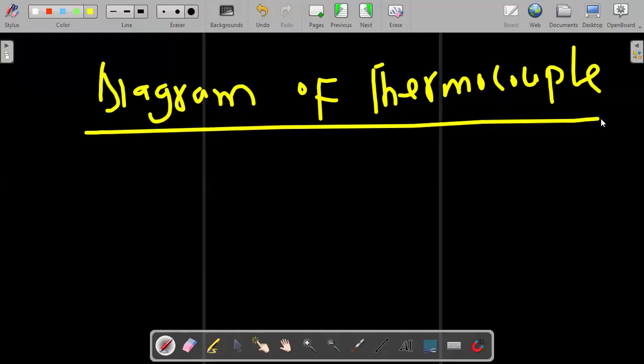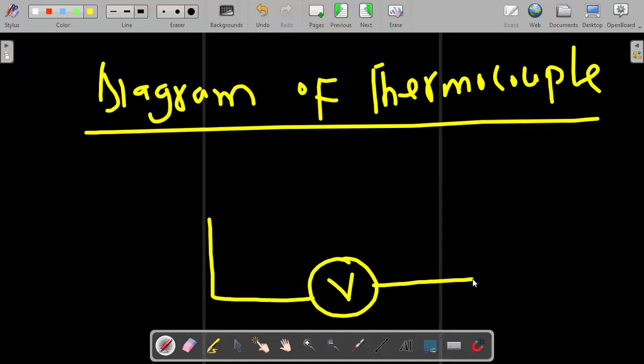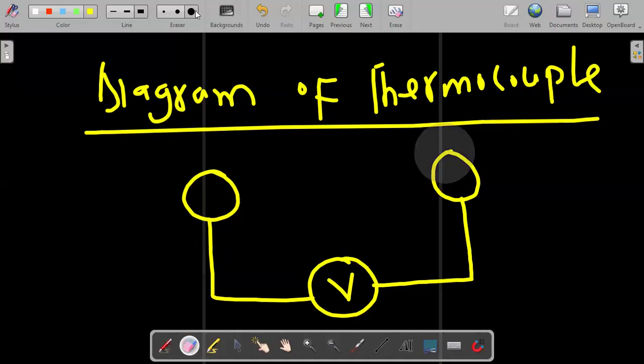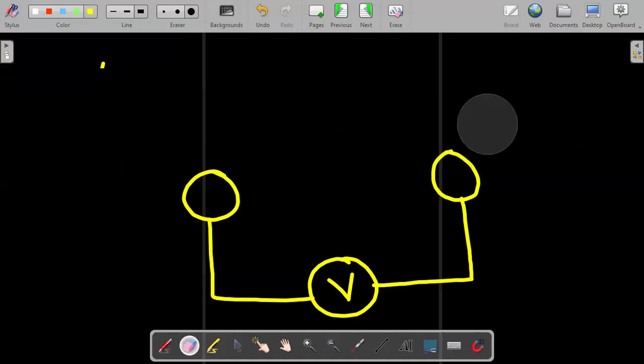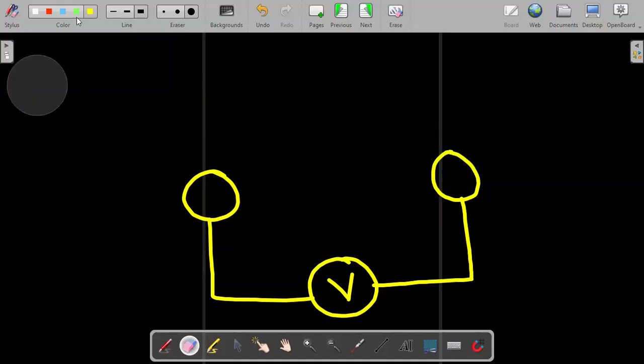There's a potential difference, which is V. So we have two junctions. Here is one junction, here is another junction. Let me erase this part so I can complete the diagram. Then we have one wire here like this. This junction you call the hot junction, while the other one is cold.